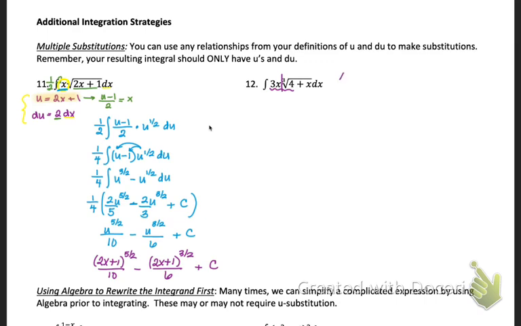An x cubed times a square root would very clearly be separate. There would be a clear space between them. Whenever they're all smushed together like that, you can assume that the cube is attached to the root. So it's not an x cubed, it's 3x times the cube root of 4 plus x.